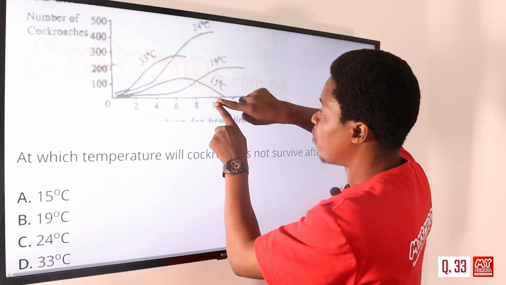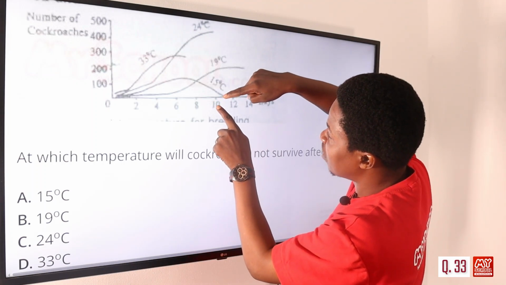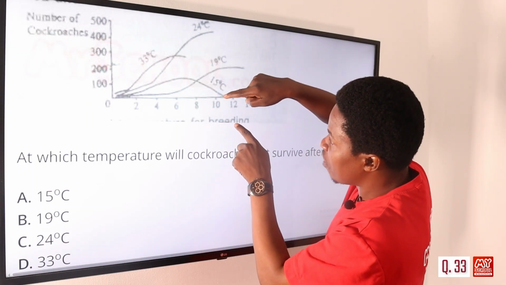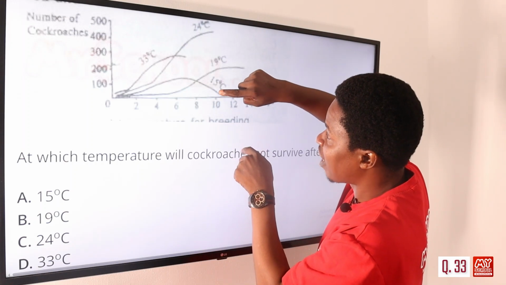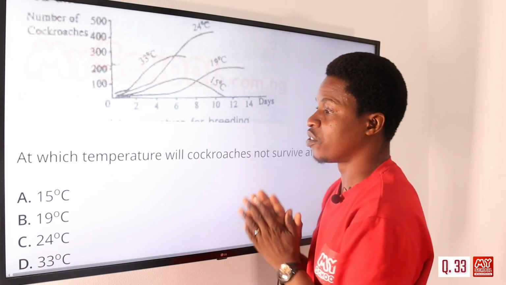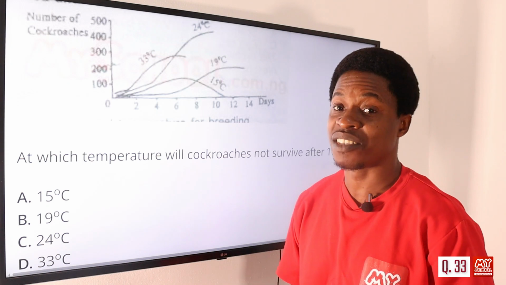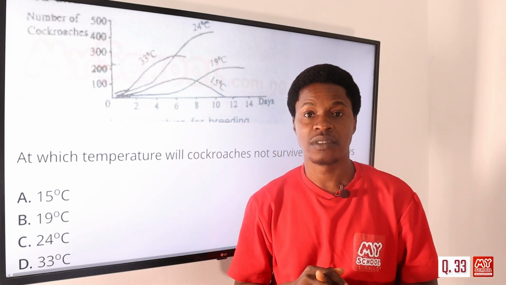Here is 10, but it says after 10 days, so this is 12 here. After 10 days could be 11 days. You can see this curve here at somewhere after 10 days, so this is what we pick. We check what temperature that is, and that is 15 degrees Celsius. Option A says 15 degrees Celsius, so the correct answer is option A.